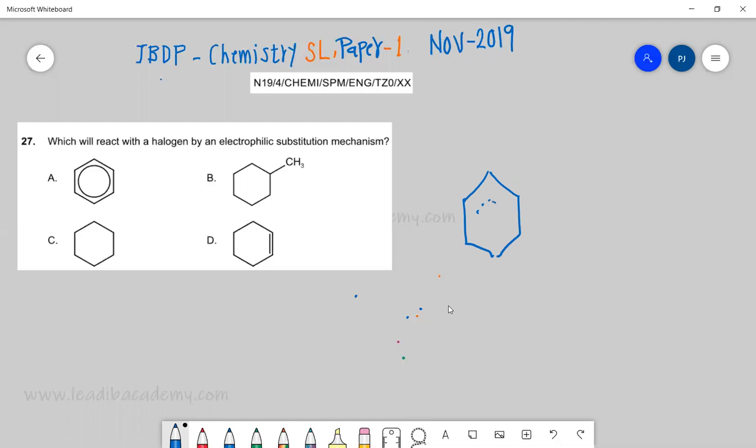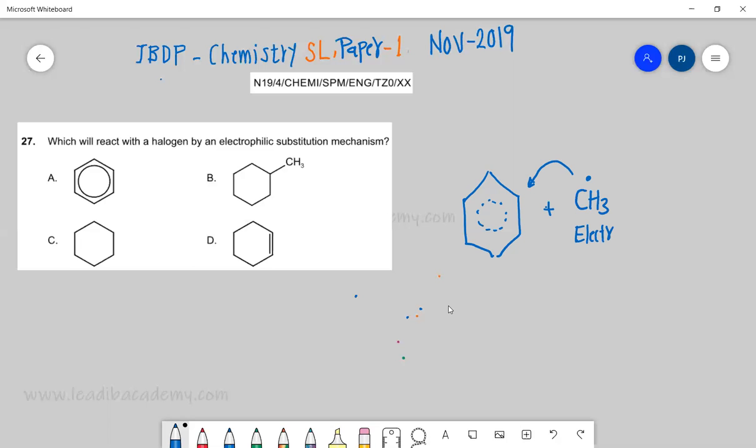This is the correct way of representing it. There will be an electrophile which can come, it can be anything. Let's consider CH3, like this. It can come and attack one of the hydrogen atoms. Electrophile means which is electron deficient.